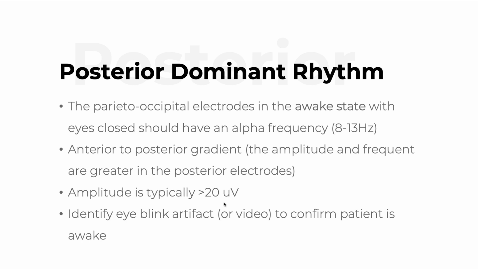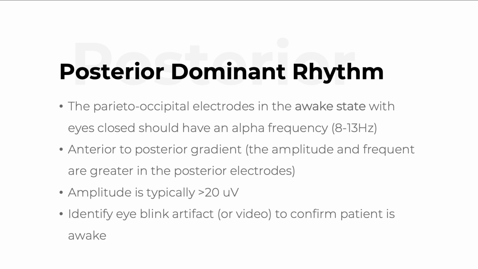The posterior dominant rhythm is one of the main concepts I want to introduce to you today. When a patient closes their eyes, their brain introduces an awake resting visual state. And this resting visual state is picked up by the parieto-occipital electrodes most predominantly as an alpha frequency rhythm.